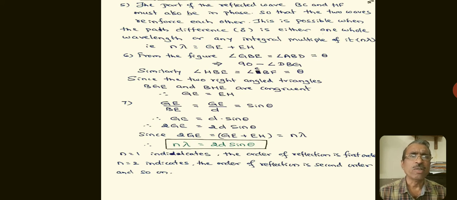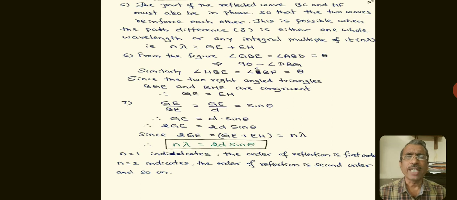From the figure, we can write angle GBE is equal to angle ABD, that is equal to theta, or we can also write this as 90 minus angle DBG. Similarly, angle HBE is equal to angle CBF, that is equal to theta. Since the two right angled triangles BGE and BHE are congruent, therefore GE is equal to EH.